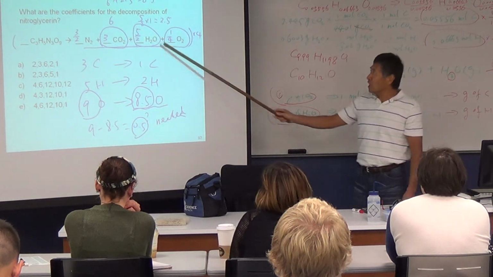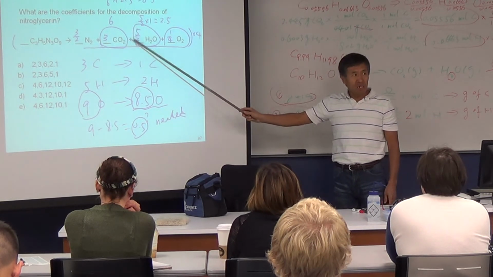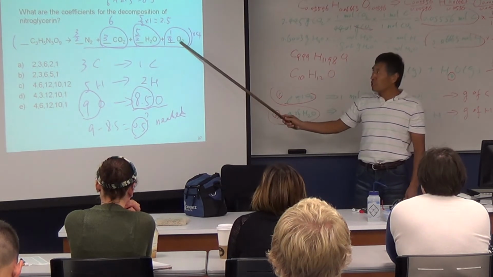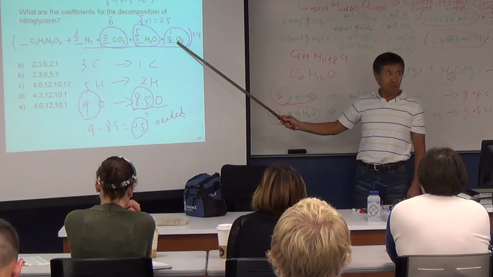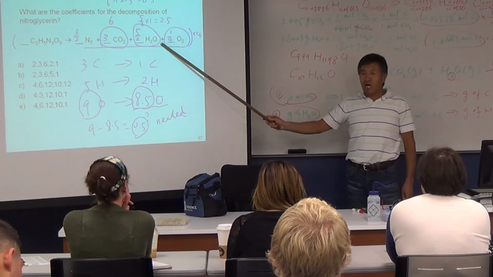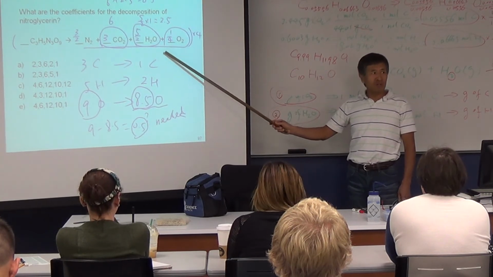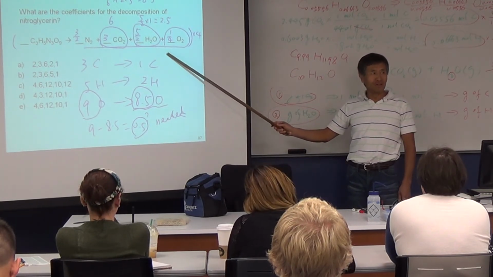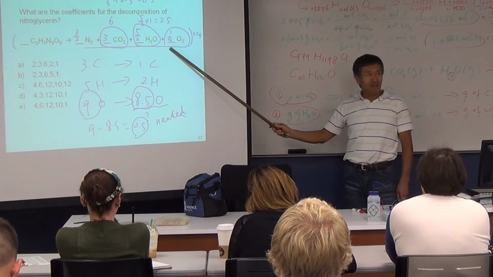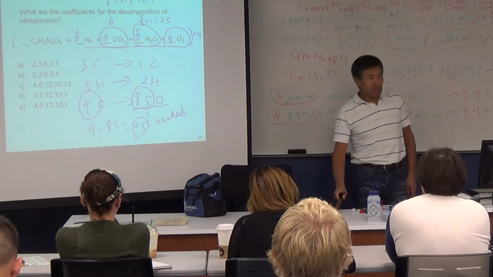Where does this 8.5 come from? It comes from this one and from this one. We did not count this one yet. So we only need half O from this last one.